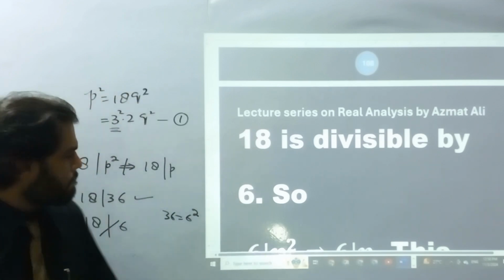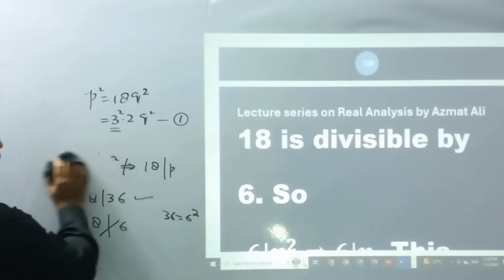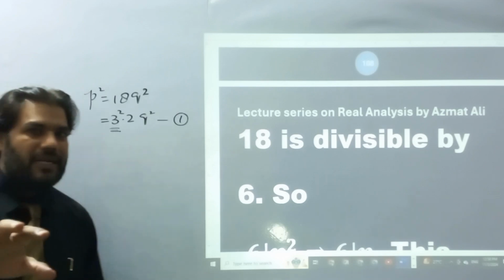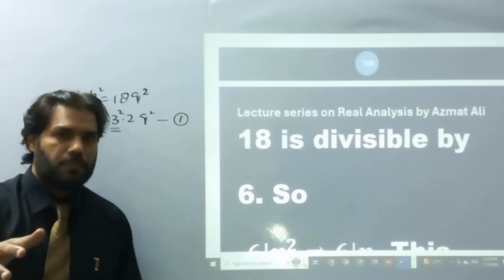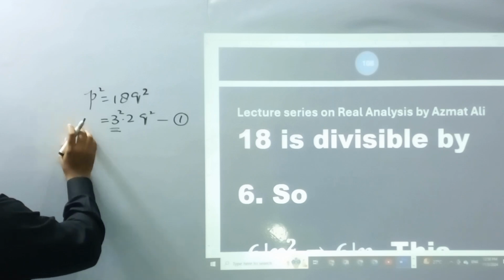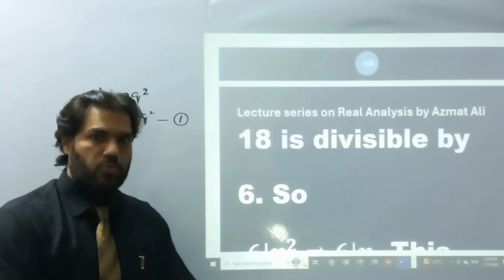So from this step, I have to choose possibilities for the number that can divide p square here. At this step, we have to set p equal to some multiple.